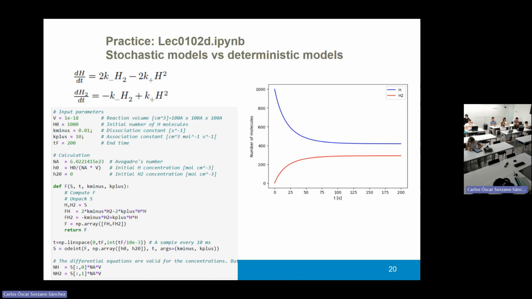So this equation is true for concentrations expressed in moles, so moles divided by liters. Let's define our stuff. We have to define a reaction volume. A reaction volume will be 100 angstroms.